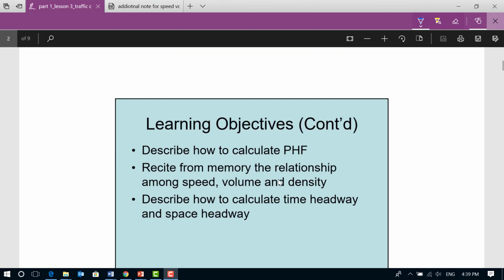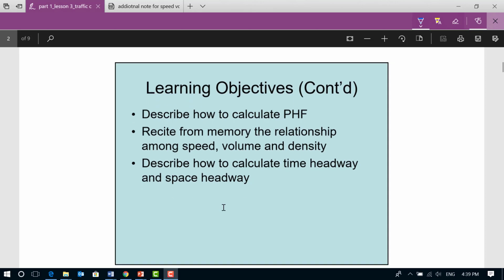In addition, we will describe how to calculate the peak hour factor. After this class, you are expected to memorize the relationship between speed, volume, and density. And finally, we'll describe how to calculate the time headway and the space headway.